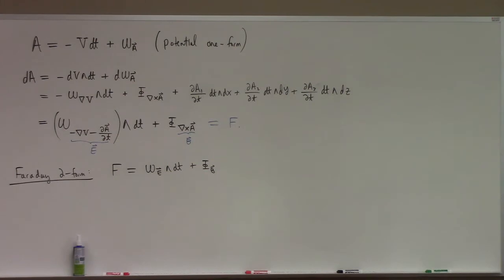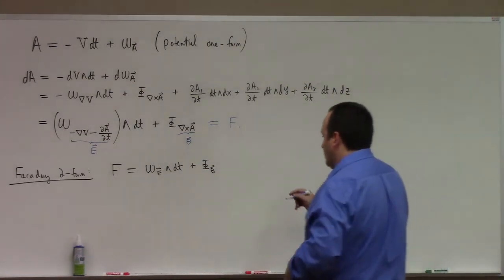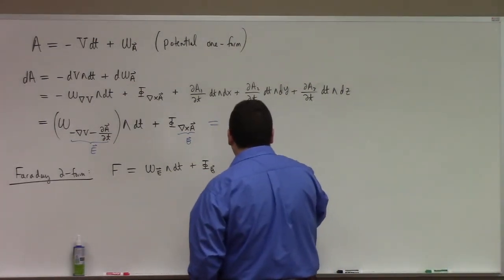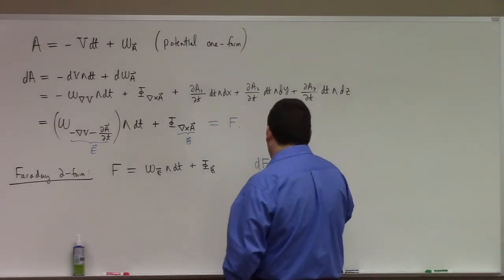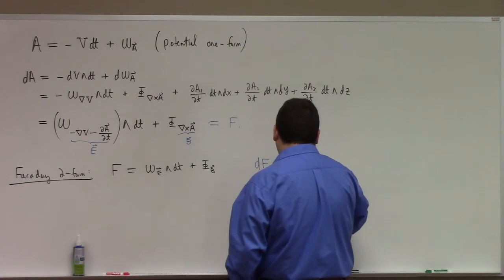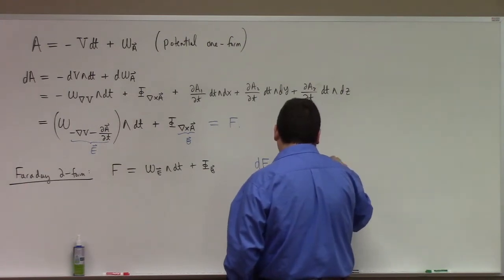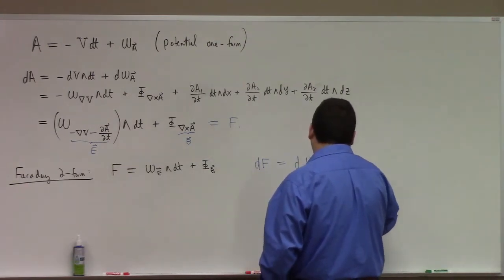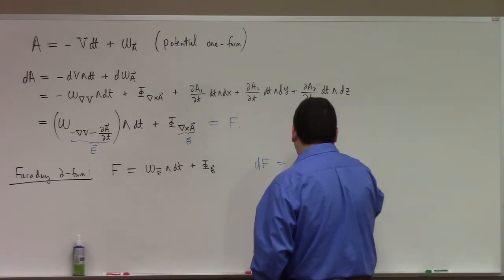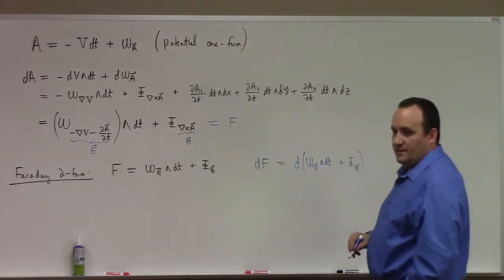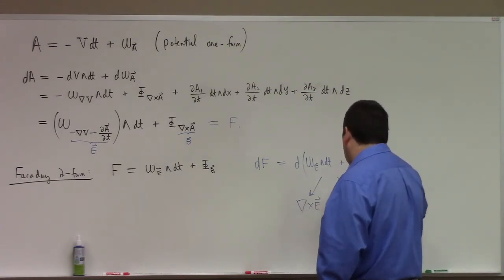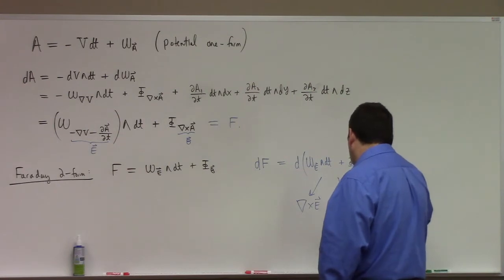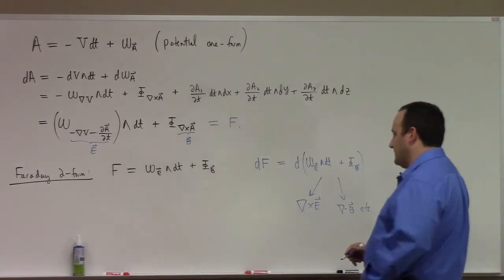And then what's really beautiful here is, well, if you calculate dF, right? On the one hand, that's equal to the d of omega E wedge dt, plus the flux form of B. And we worked out that that gives you the curl of E, and the divergence of B, and stuff, last time, right?